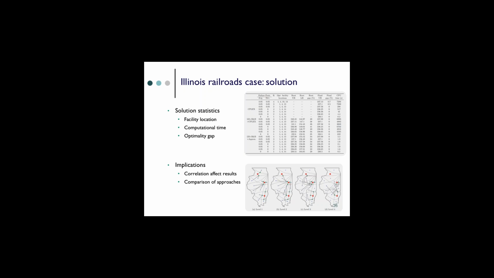Then we compare these three solution approaches with the simplex directly. In some cases, we are not able to reach true optimality, and the computation time is relatively long. Then with the second approach, we are able to get optimal solution for all the cases.